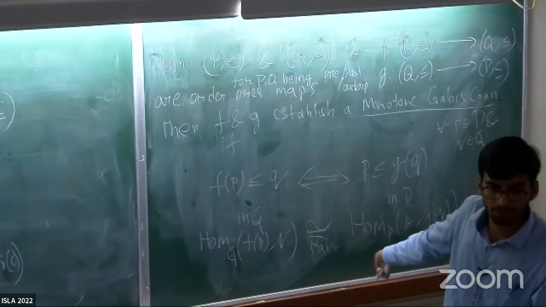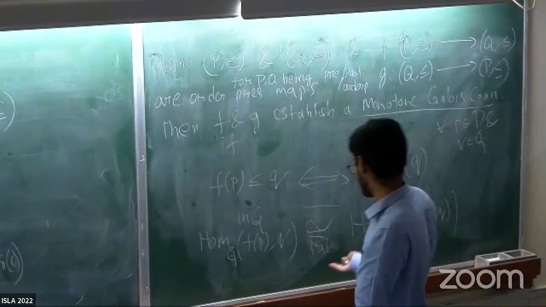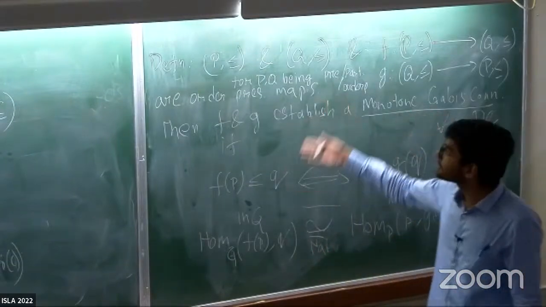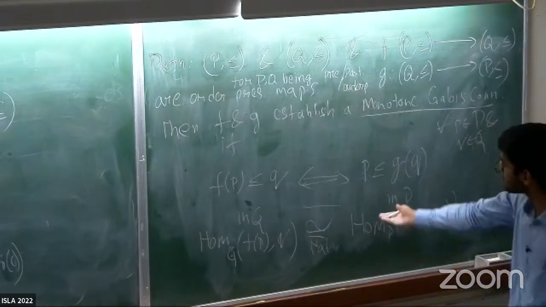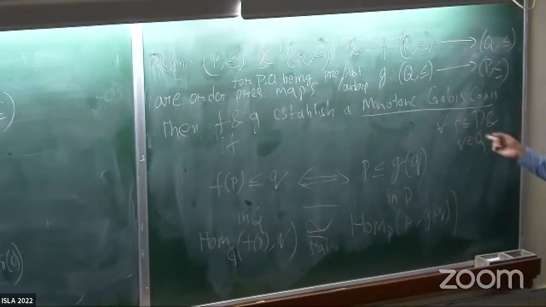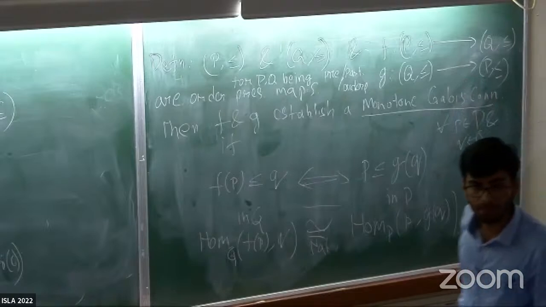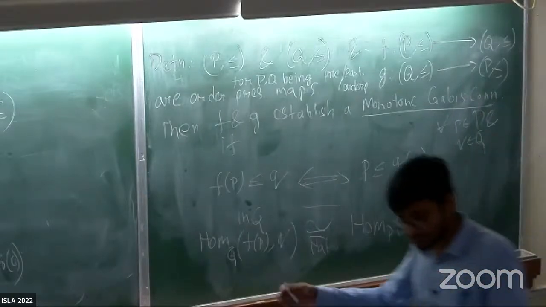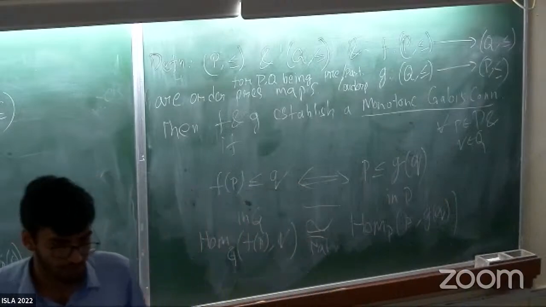Adjoint functors, in the case of preorders, correspond to monotone Galois connections with order preserving maps. The other theorem will be in the tutorial, maybe.